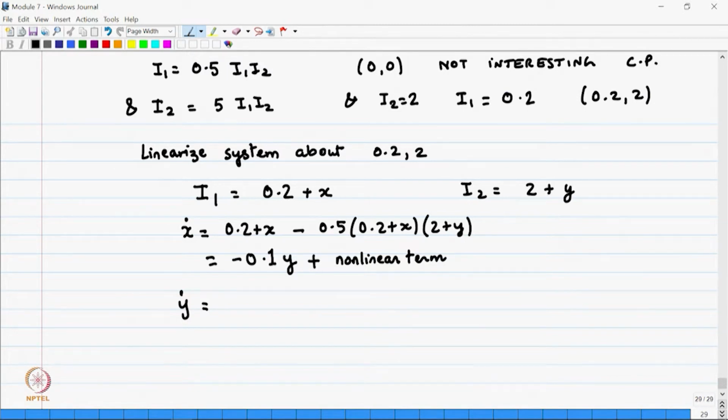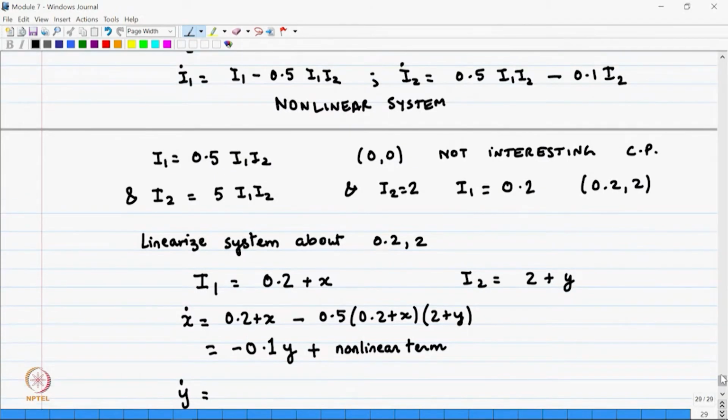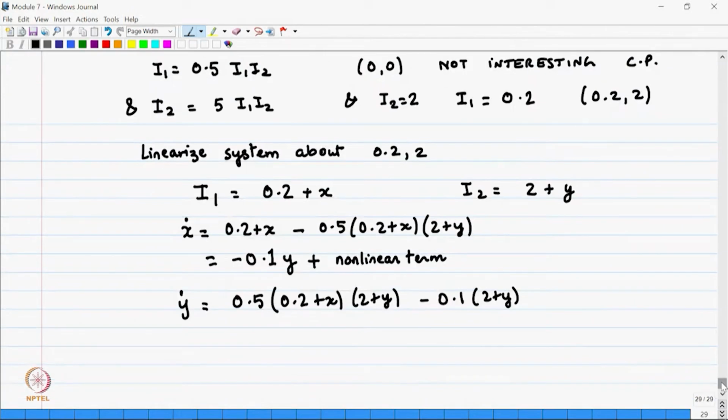And if you look at y dot, y dot is 0.5 times 0.2 plus x, 2 plus y, minus 0.1 into 2 plus y. Okay.